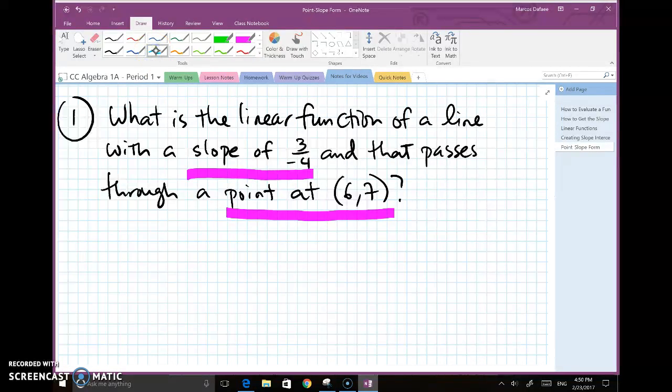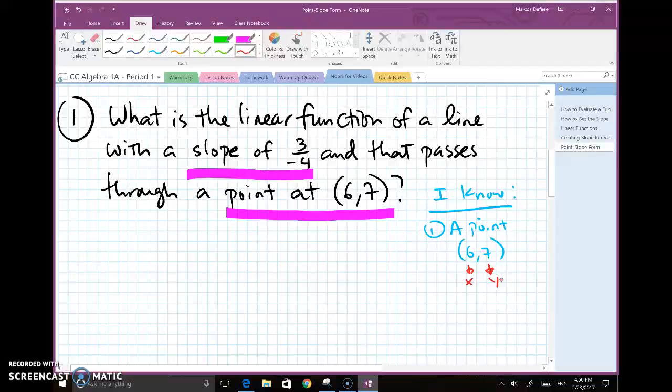So what I need to do in my head is think about what I know right away. Number one, I have a point, which is at 6, 7. Once again, this represents our x and this our y, which we will need to complete that function. Secondly, I know that the slope is given to me, and that's 3/-4.